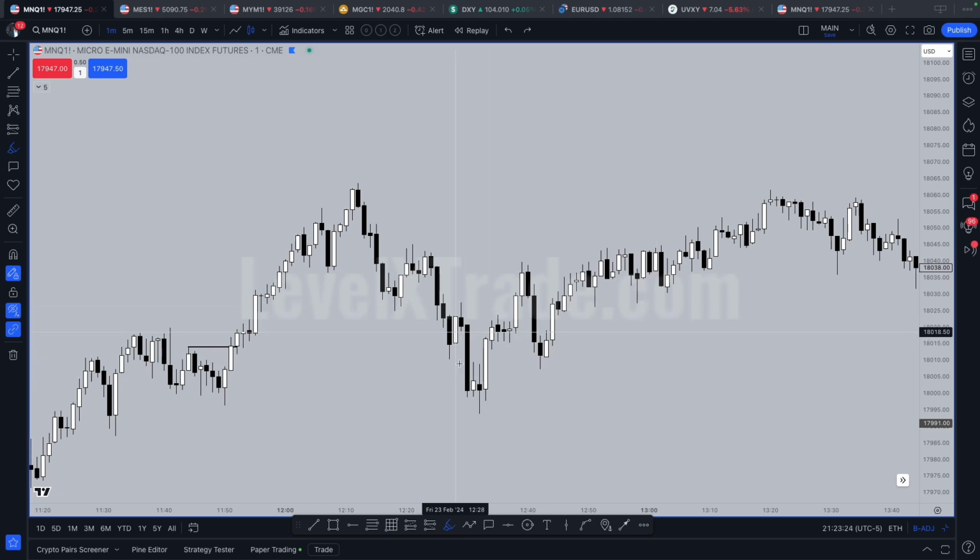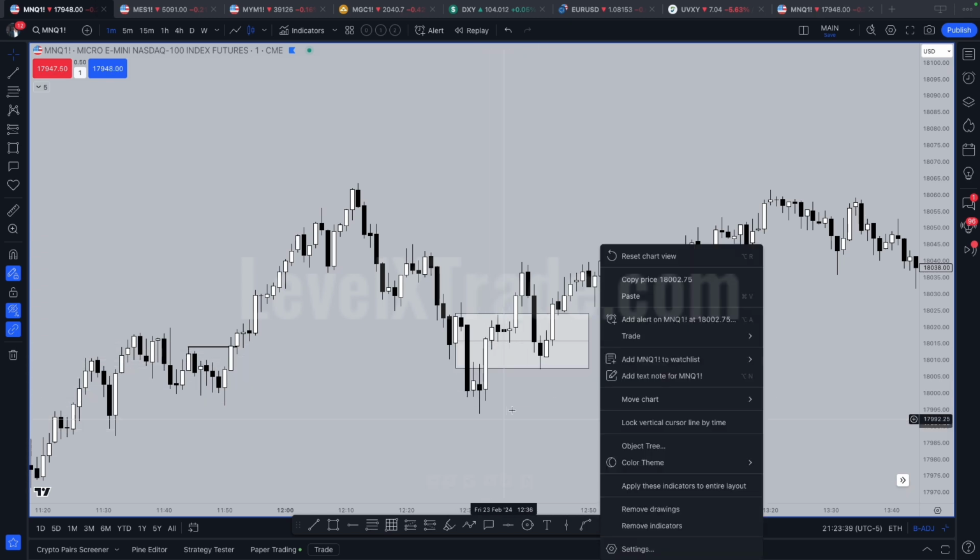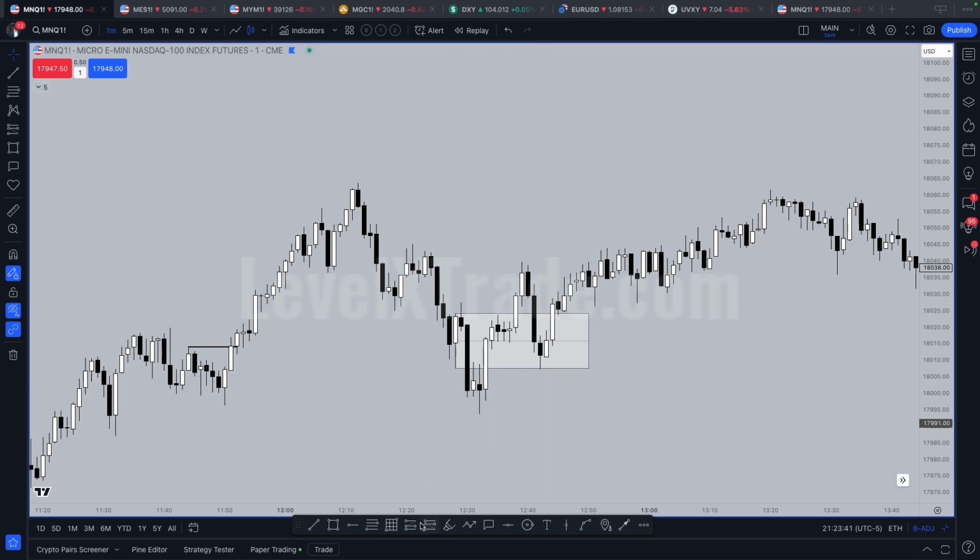Okay, and you mark the last candle, which is this right here. And in this case, it came and tapped the very extreme of this breaker block. Okay, so that's why it's important to be cautious. Sometimes you just get stopped out if you're too greedy.